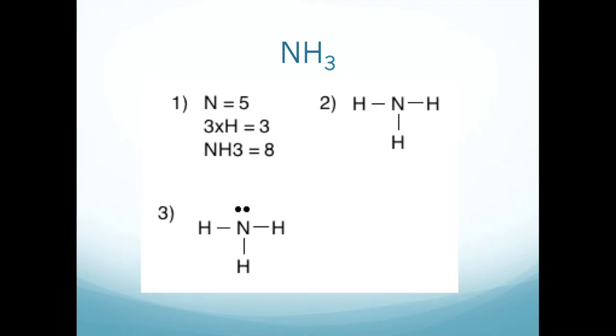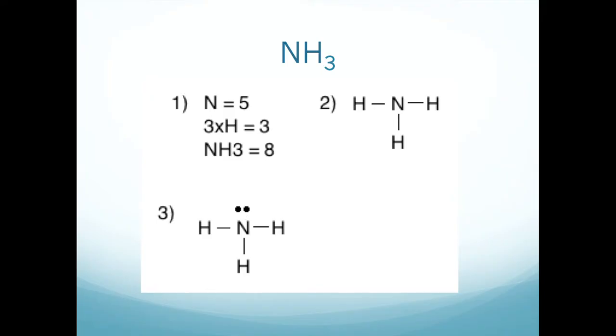So if you ever find that when you're totaling up your electrons you wind up with an odd number instead of even, that might be a hint that you did something wrong and you might want to double check your math. Every problem you get in this course should have an even number of electrons. So that's why counting them becomes pretty easy. You just count them, 2, 4, 6, 8, numbers like that.